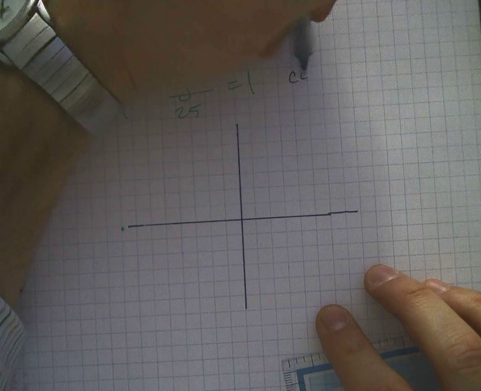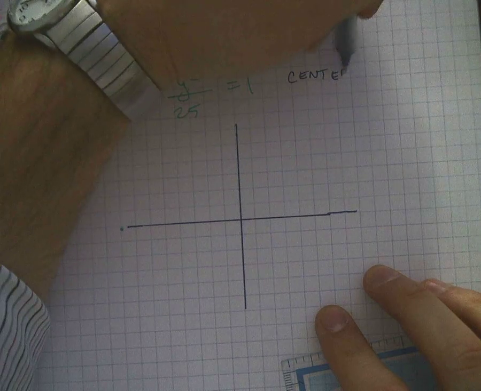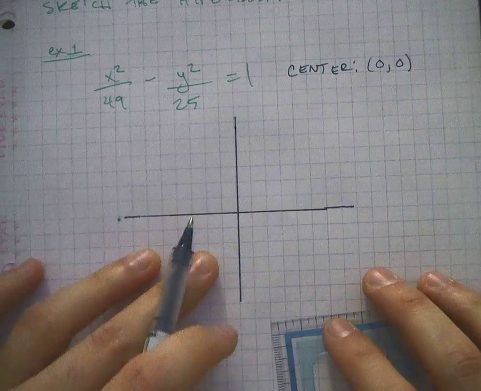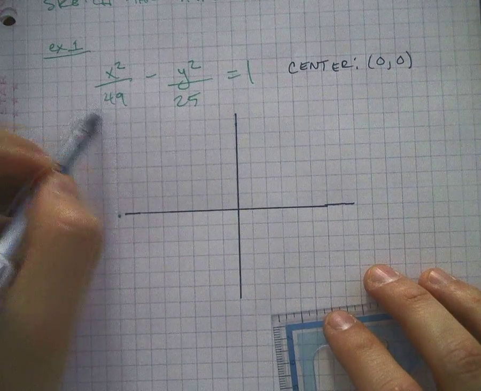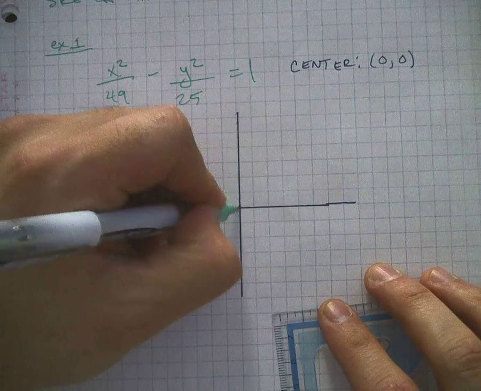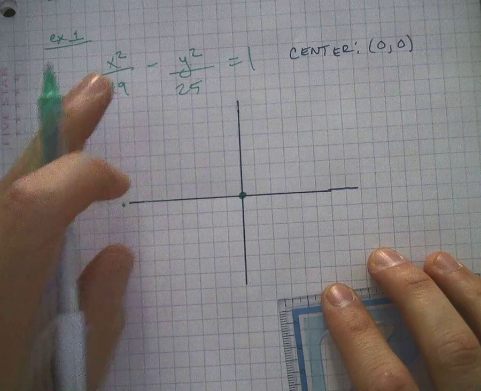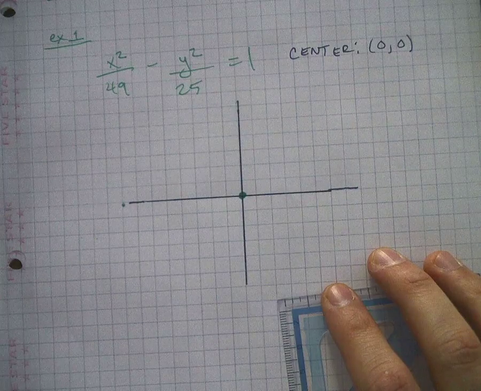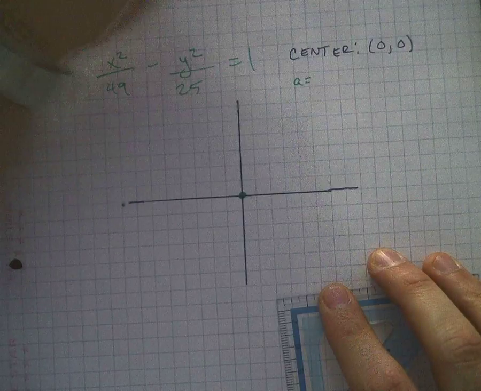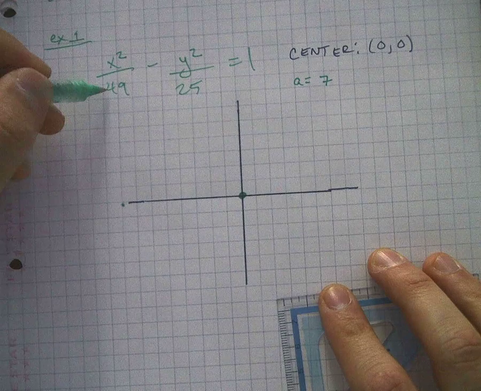Where is the center of this hyperbola? 0, 0. And we know that we're going to have a transverse axis of 49. So if I draw in my center point right there, 49 is the same thing as 7 squared. So our A is going to be 7.